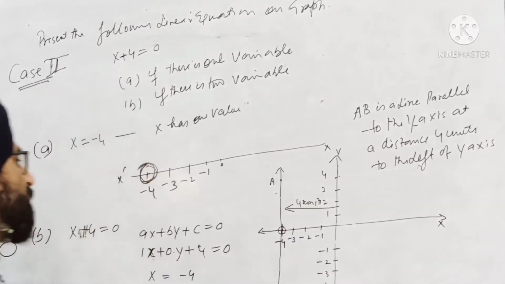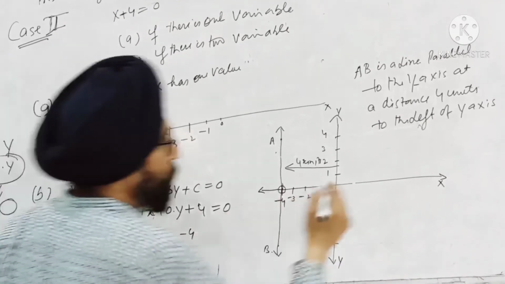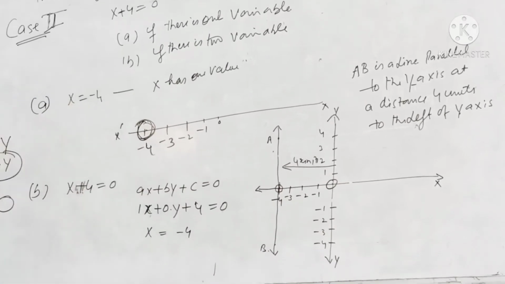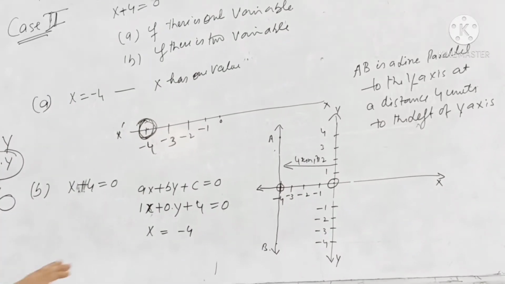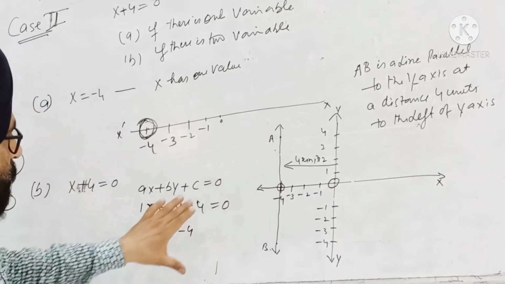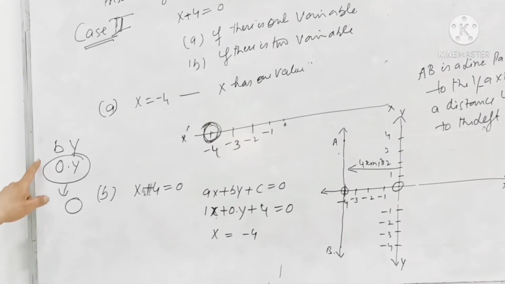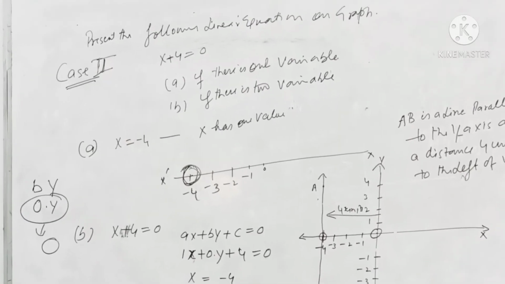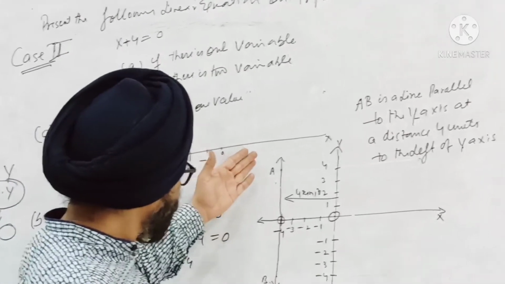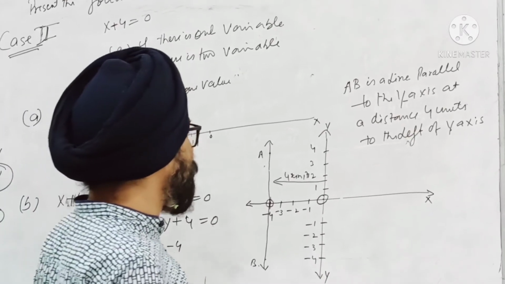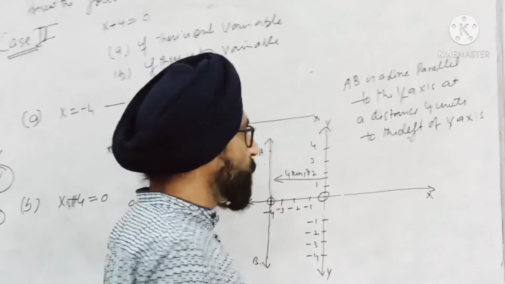To the left of y-axis, to the origin of 0, both the same. So it is clear that when b is 0, the solution becomes 0 after multiplying the y, and the new line will become AB, which is parallel to the y-axis at a distance of 4 units to the left of y-axis.